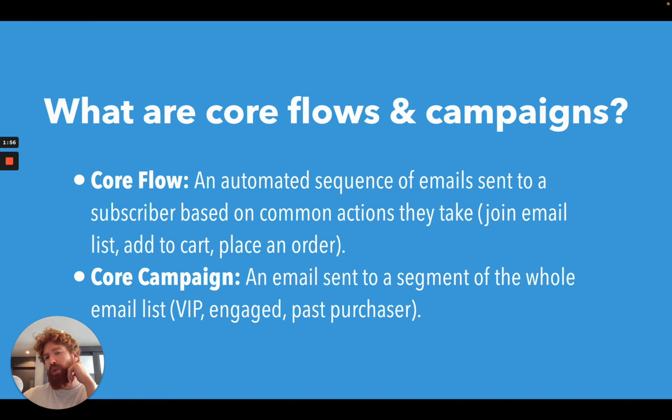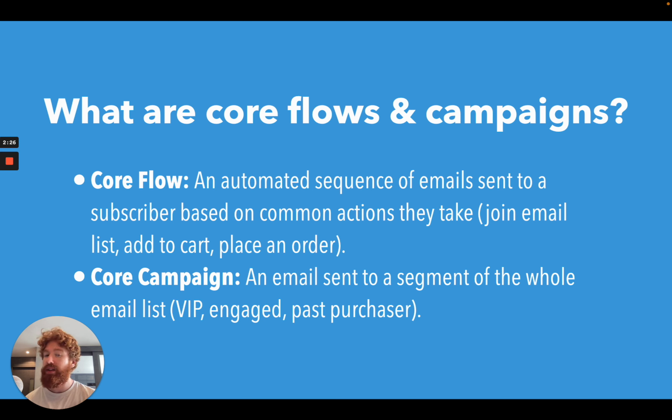So what are core flows and campaigns? If you've seen any of my other videos, I'm sure you know already what these are, but if not, basically a core flow is an automated sequence of emails sent to a subscriber, and it's based off of common actions that they take on your store, and the fact that they're common actions makes them part of the core flow, essentially, because we're trying to get the essential structures down.